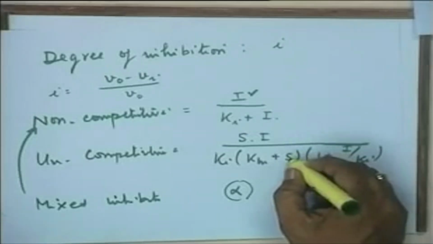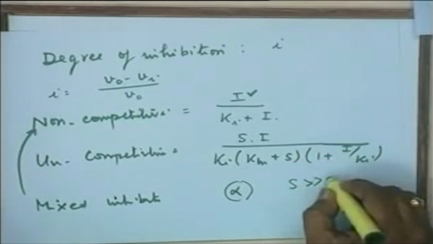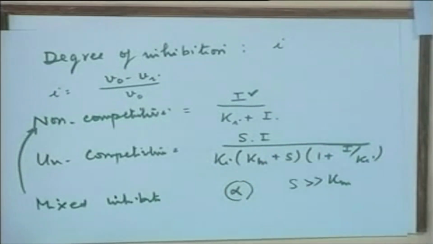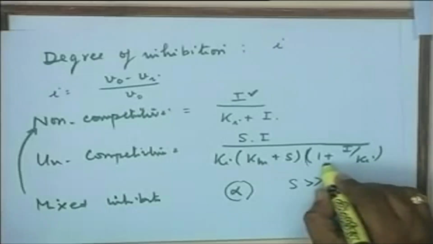So, in the case of uncompetitive inhibition at very high substrate concentrations, what will be the value of the degree of inhibition? When we say very high substrate concentration, we are talking about S much greater than Km, the zero order regime, and then the degree of inhibition will be significantly high, because it will reach the limiting value of 1 plus I over Ki.